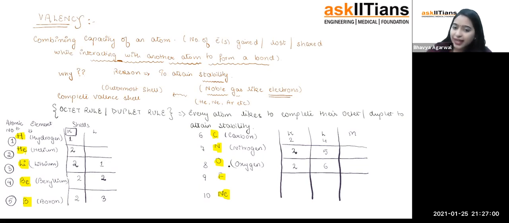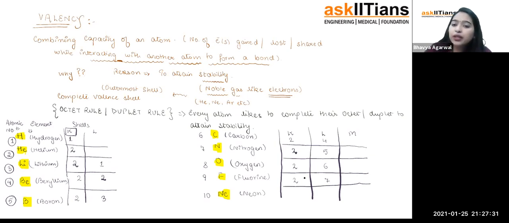Now we have the next element, which is F, which is fluorine. Now fluorine will have 2 electrons in the K subshell and 7 in the L. Now we have the last element in this series, which I'm going to cover today, and that is Ne, which is neon.